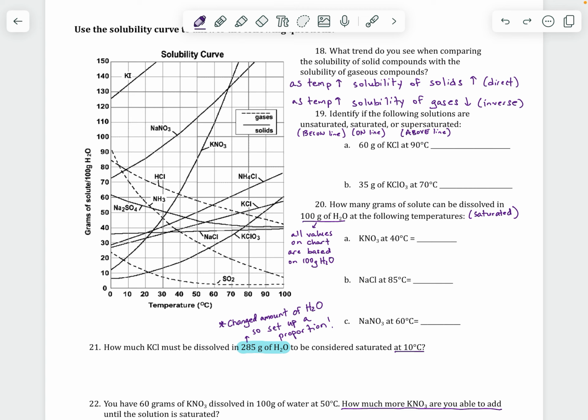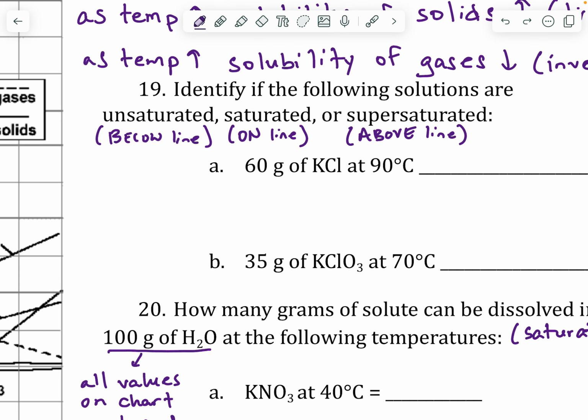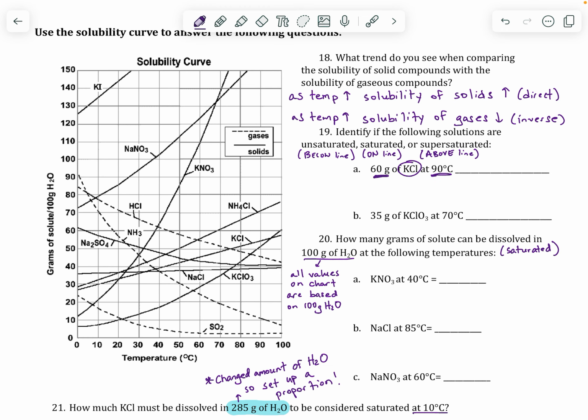So how do you read this? Well, there's a couple of ways. We can come back to our unsaturated, saturated, and supersaturated, and note that if we are comparing an amount of solute at a certain temperature for a certain substance, then we can take a look at where that point exists.